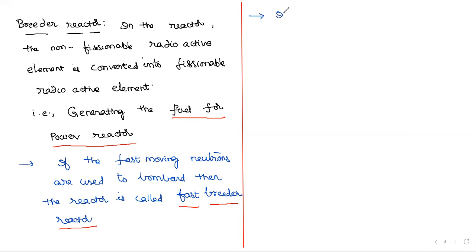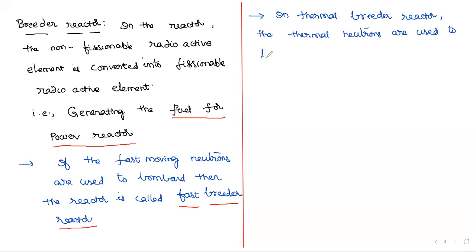So in a thermal breeder reactor, the thermal neutrons are used to bombard for the transmutation.